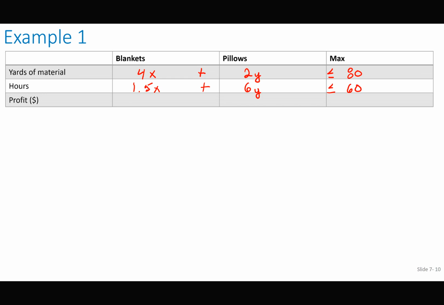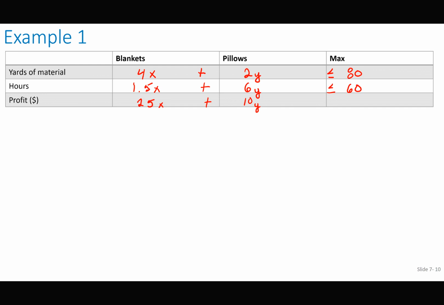Now the profit. The last statement said the blankets sell for $25 each, so that's $25 per blanket. And the pillows sell for $10 each, so that's $10 times Y. And there's no max profit. I don't have an answer saying I want to achieve $150 in profit. There's nothing like that.